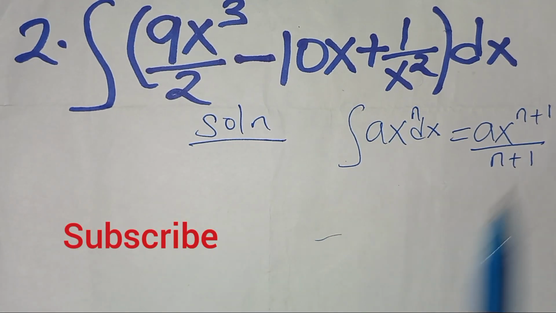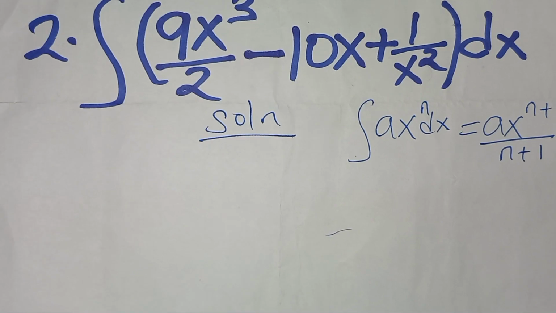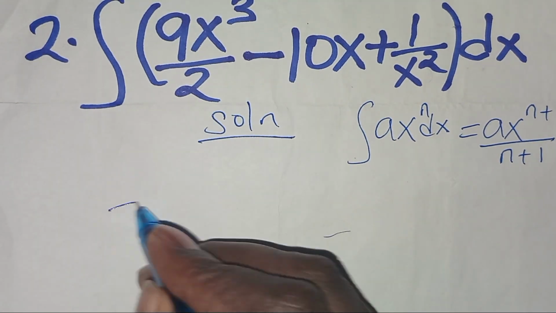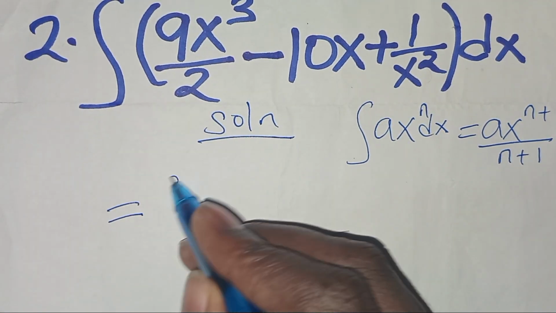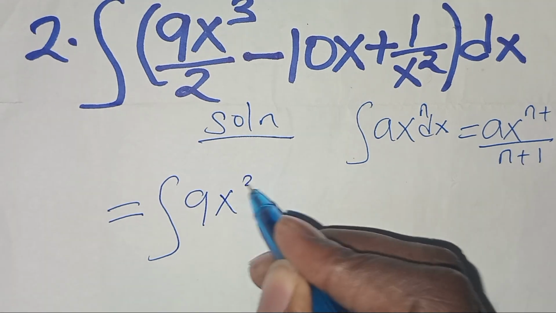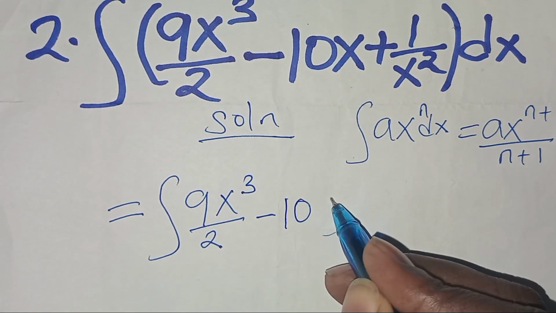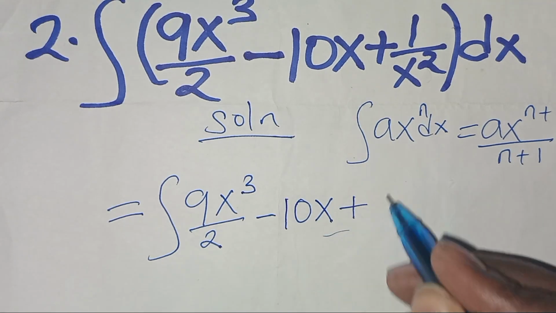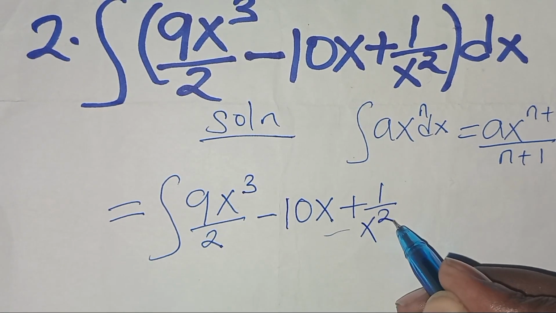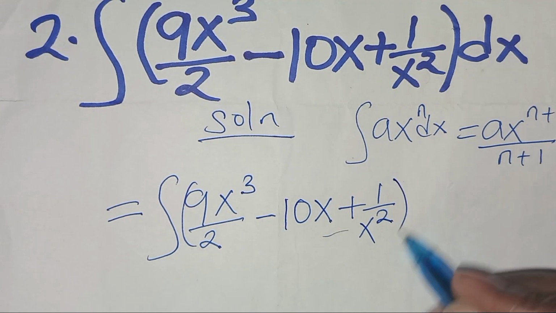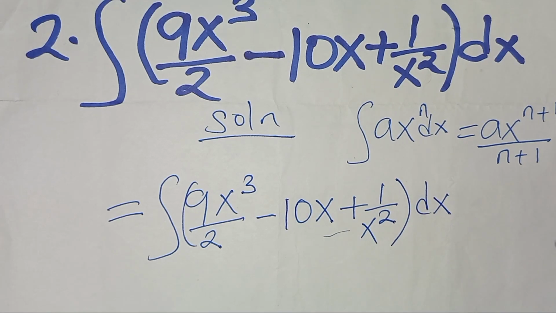So applying this power rule of integration, remember this is 9x cubed divided by 2, subtract 10x plus 1 over x squared, all of this dx.